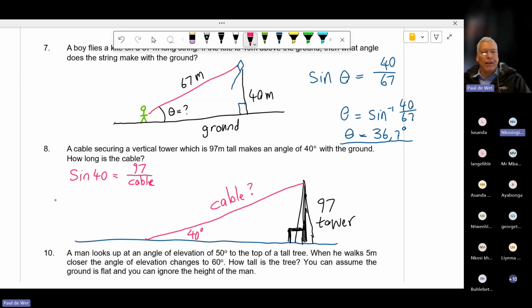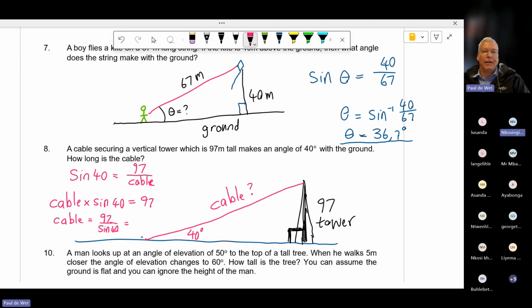So multiply by cable. Cable times sine 40 is going to be 97. What must I do to both sides to get the cable? Divide, well done. Cable's being multiplied by sine 40, so I must divide both sides by sine 40. My final answer is going to be 97 over the sine of 40.